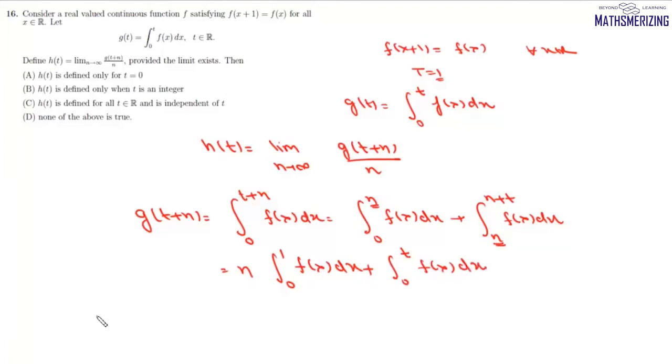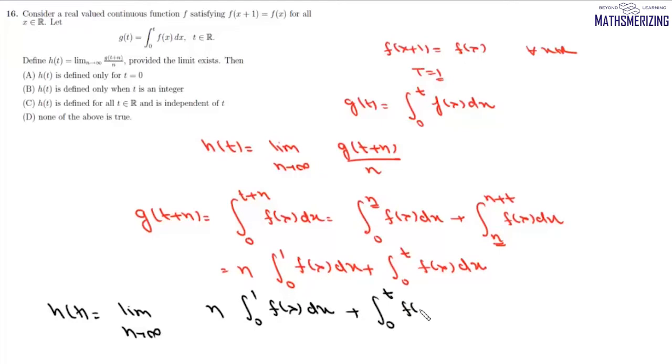of f(x) dx. So we can write this function h as the limit n tends to infinity of n times the integral from 0 to 1 of f(x) dx plus the integral from 0 to t of f(x) dx, all upon n.